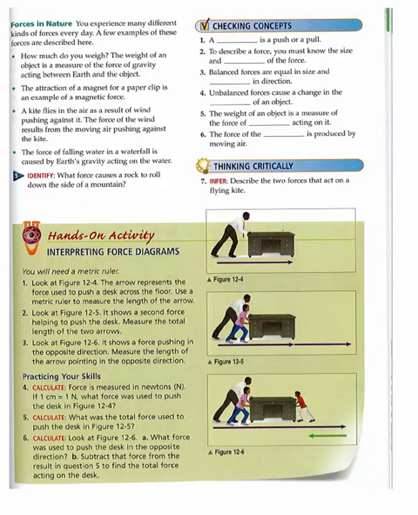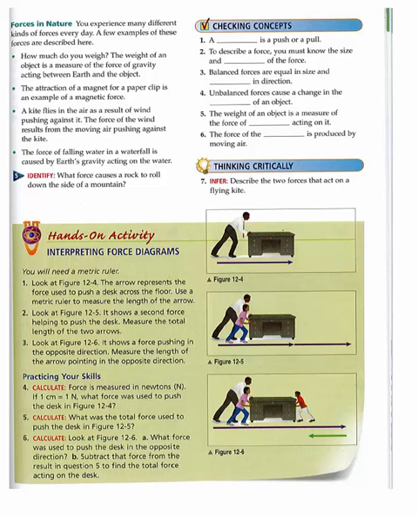A kite flies in the air as a result of wind pushing against it. The force of the wind results from the moving air pushing against the kite. The force of falling water in a waterfall is caused by Earth's gravity acting on the water. 5. Identify. What force causes a rock to roll down the side of a mountain?